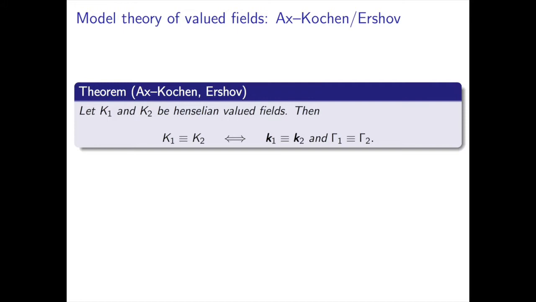And so a general principle in valuation theory is to try to understand the valued field in terms of these two simpler components. And so this theorem says, under this Henselian assumption and everything in characteristic zero, as I said, you can do this in a first order way.